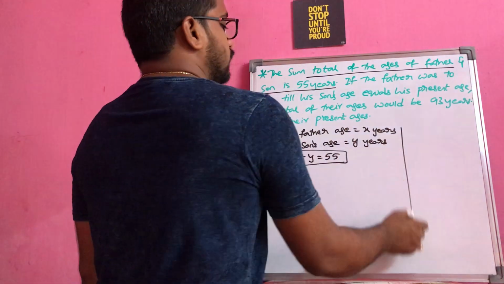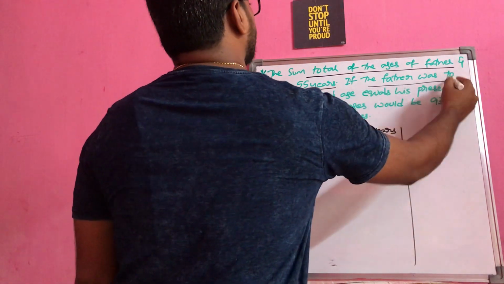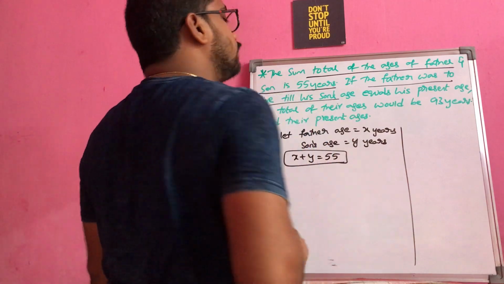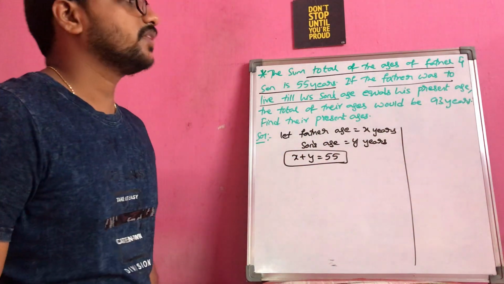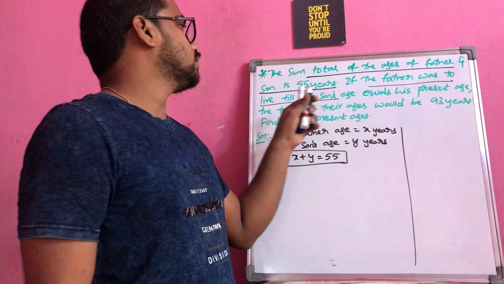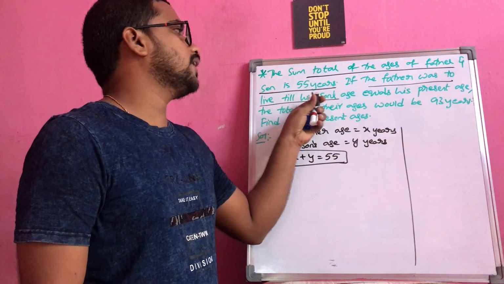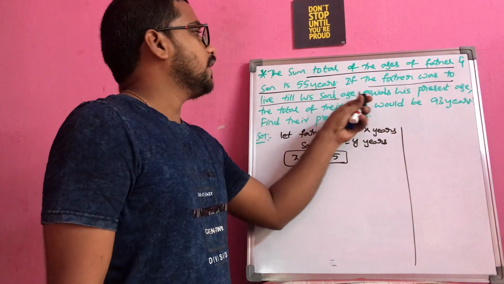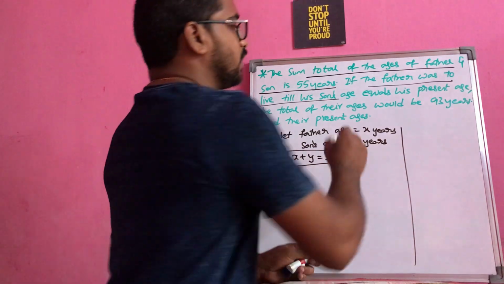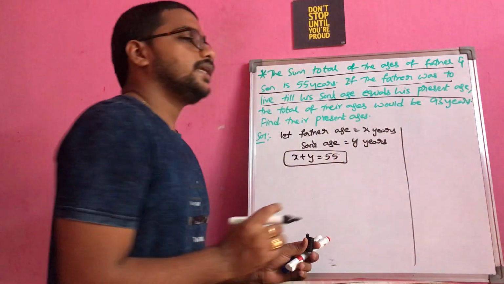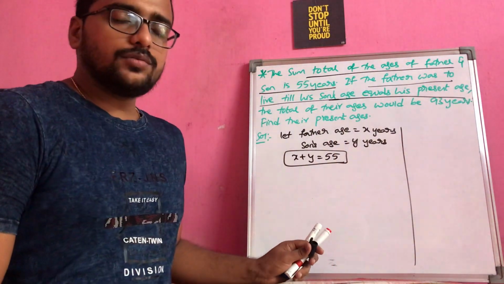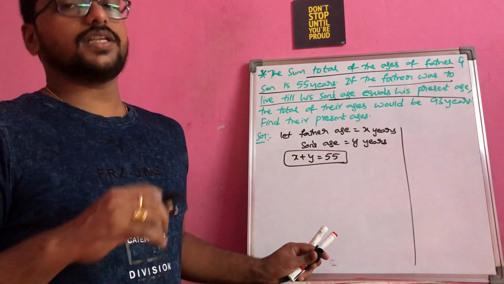Now see, try to understand the second point. If the father was to live till his son's age equals his present age. So that means till when the father wants to live, when the son reaches his age.